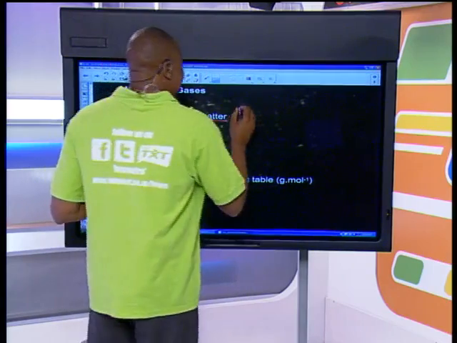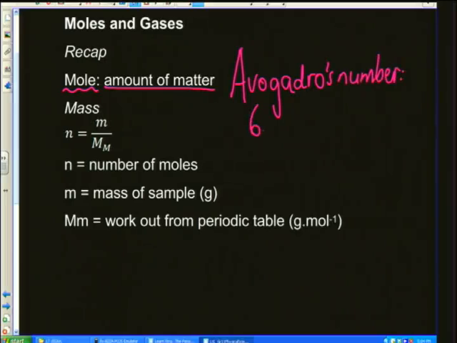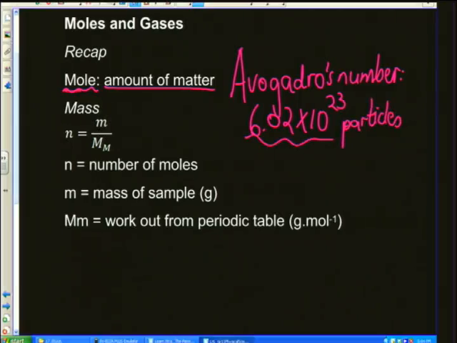Remember that if we have Avogadro's number of particles of anything, then we have a mole. Those particles should be 6.02 x 10^23 particles, whether we've got molecules of a gas or whatever. If it amounts to that number, we've got a mole. So it is just an amount of matter.